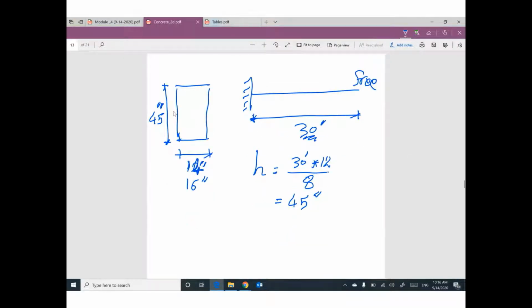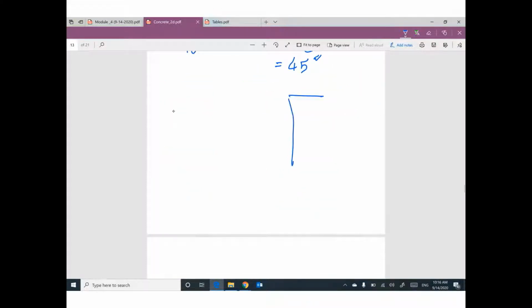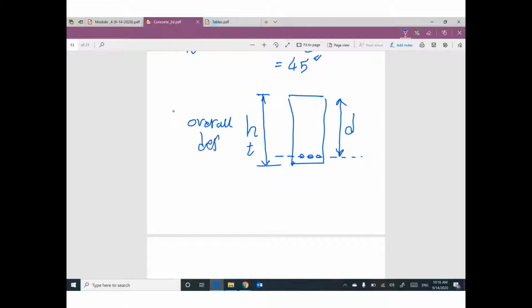This is overall depth. We have steel reinforcement at this location with distance called depth, D. What we did, overall depth, which is H, or sometimes T, overall depth. How can I get the depth?